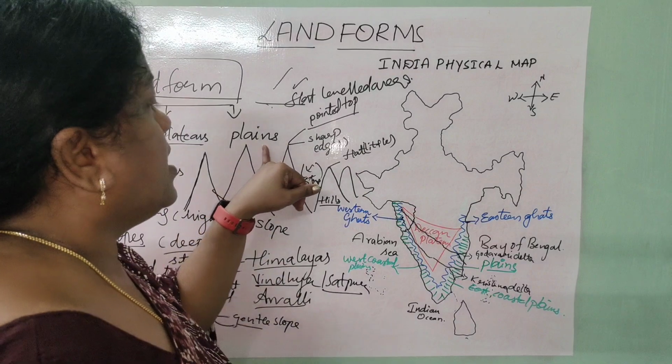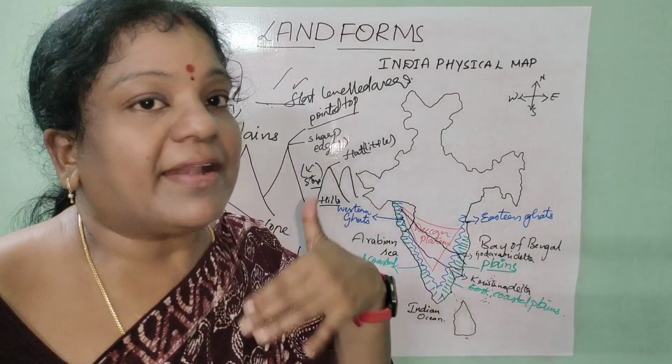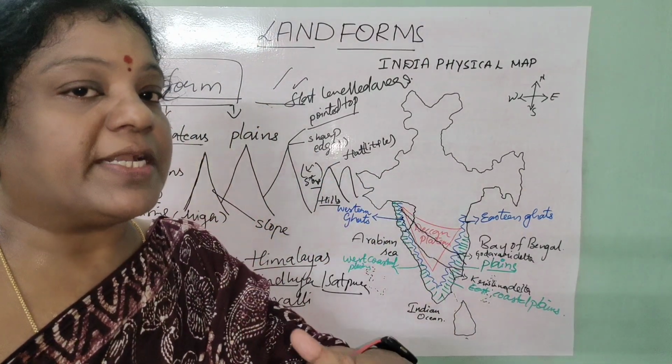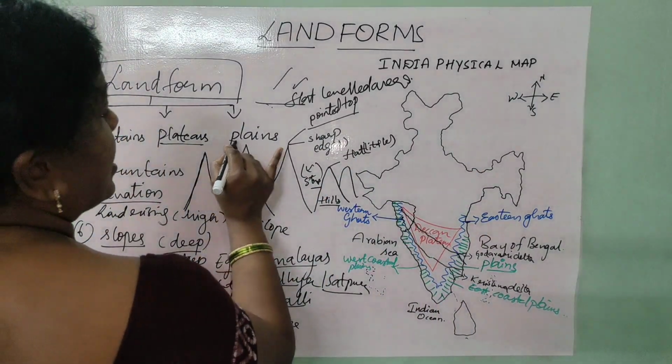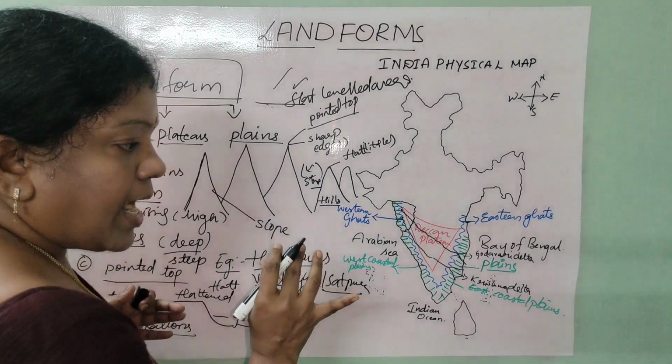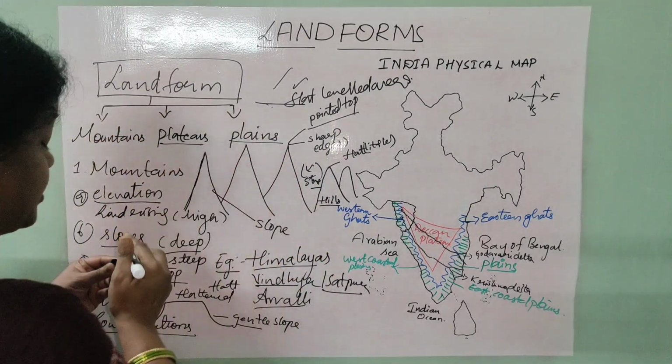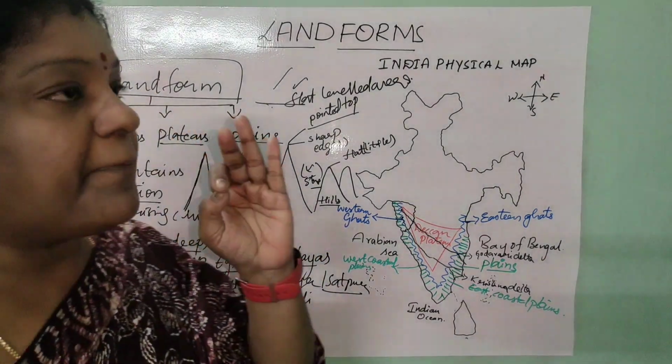Because of these plains and the great rivers flow, we are expecting even deltas to be formed. So plains are flat leveled areas, and how these plains are formed majorly means mostly with the perennial rivers.